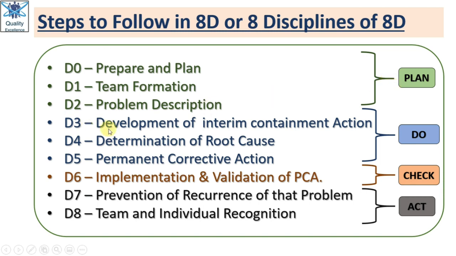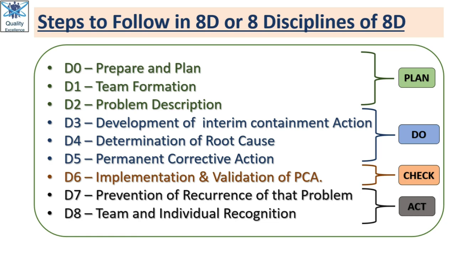Then D3 is development of interim containment action. D4, determination of root cause, and D5 is permanent corrective action. So D3, D4 and D5 is the do stage. And then D6, implementation and validation of permanent corrective action, that is the check stage.